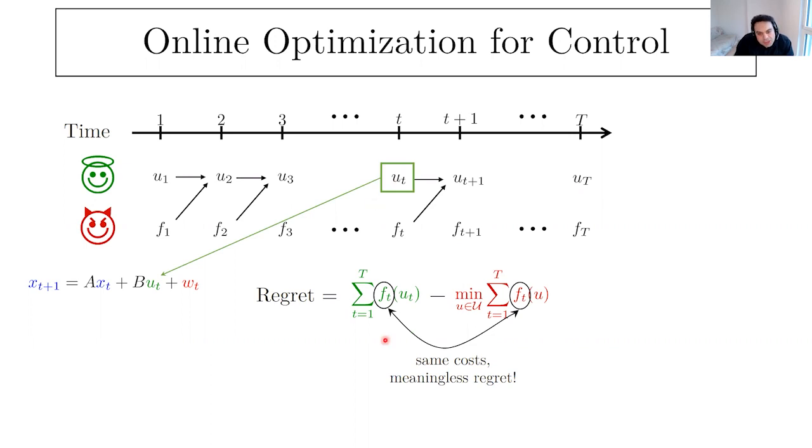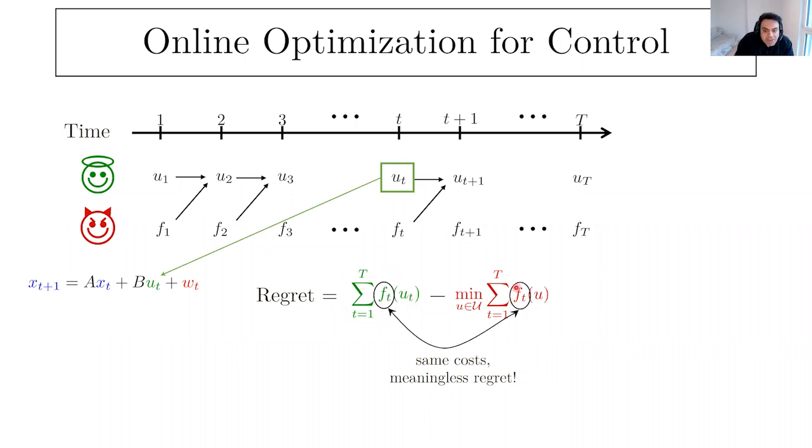If you think about it, this f_t loss function, let me focus on the first part. The loss functions that you encounter are functions of the state of the system. Typically, the cost that you collect depends on the state of the system, which in this case is driven by this sequence of actions. So f_t(u_t) is a very meaningful object for us.